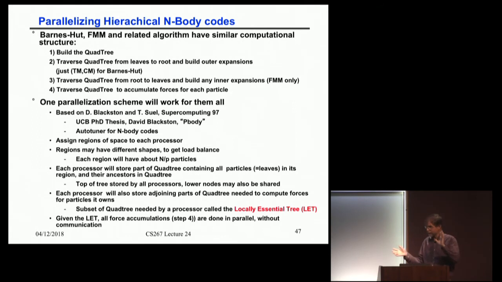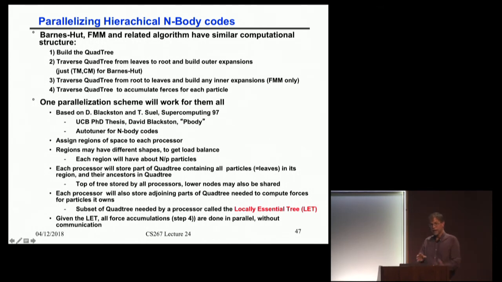That was just mass and center of mass for Barnes-Hut, and a little bit more complicated for fast multipole. Then, just for fast multipole, we have to do that traversal from the root to the leaves and build all the inner expansions. And then finally, for every particle, we have to traverse the tree and compute the force, or the potential. Okay, and so that will be easier to parallelize.